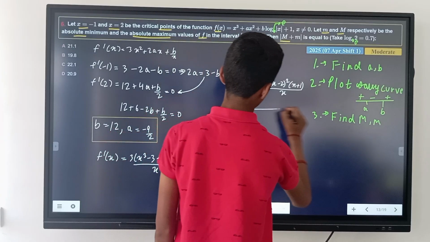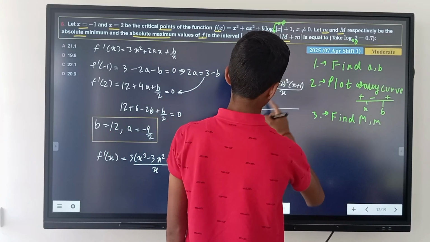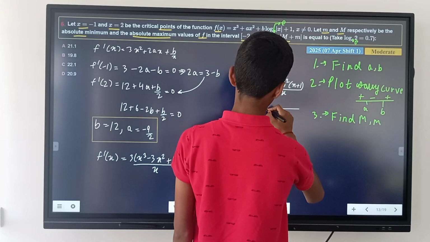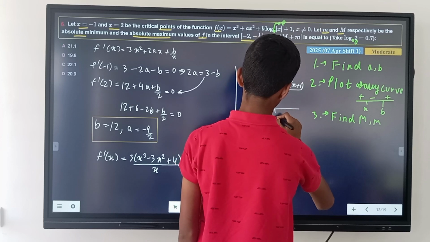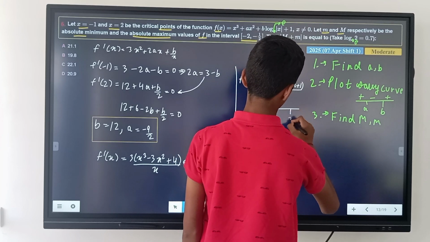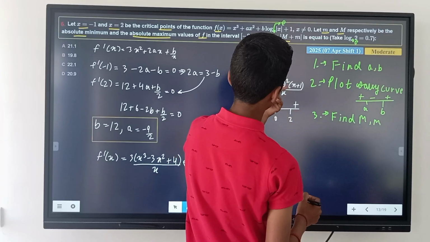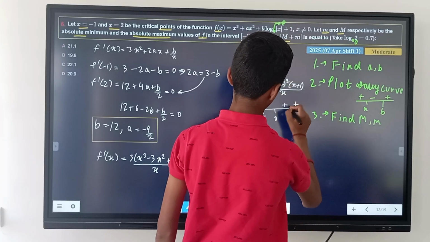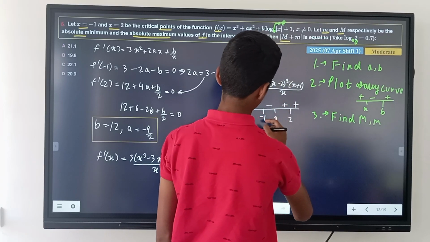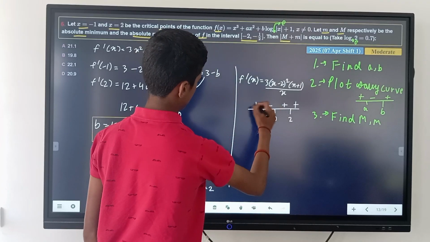Now let's plot the wavy curve like that. We will get here minus 1, here 0, here 2. This will be plus. Now we have square at x minus 2 square, so this will be plus again. Sign change minus and again sign change plus.